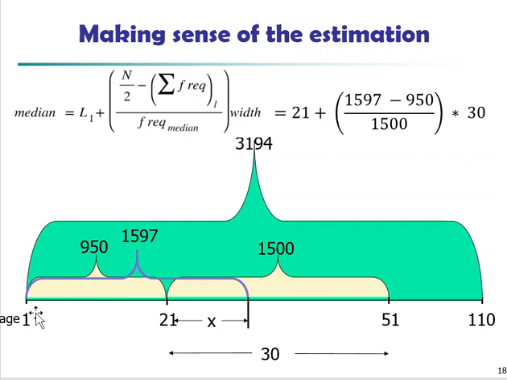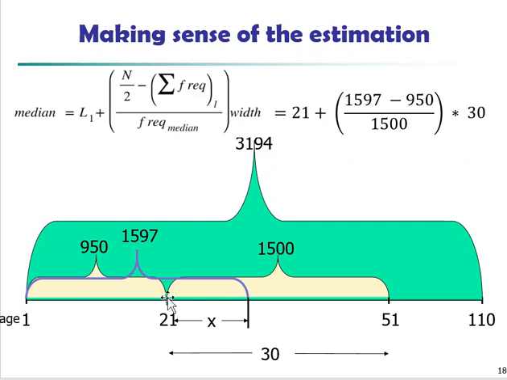From age 1 to age 21, we have 950. And we know our median has to fall at this position. From age 1 to the individual that has the median value, there have to be 1,597 people ahead of it, or younger than this person.